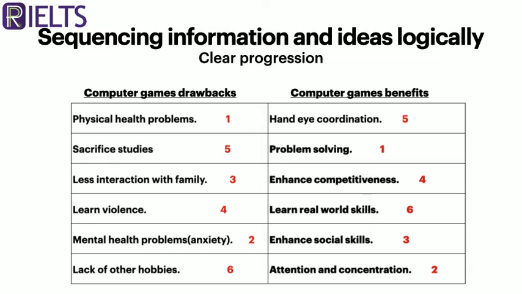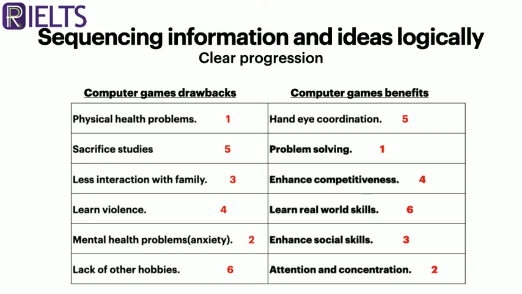Then I saw that there are 2 points which are related to personal drawbacks, right? Which are sacrifice studies and lack of other hobbies. You all know that these are personal drawbacks, the personal loss of a person. So I will write these together, in sequence. You will have to arrange these points according to some logic.